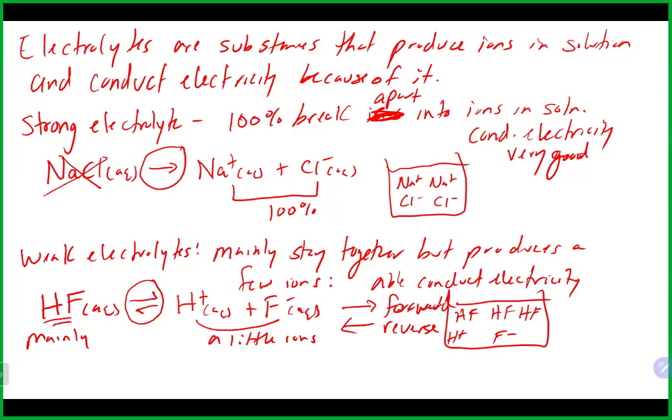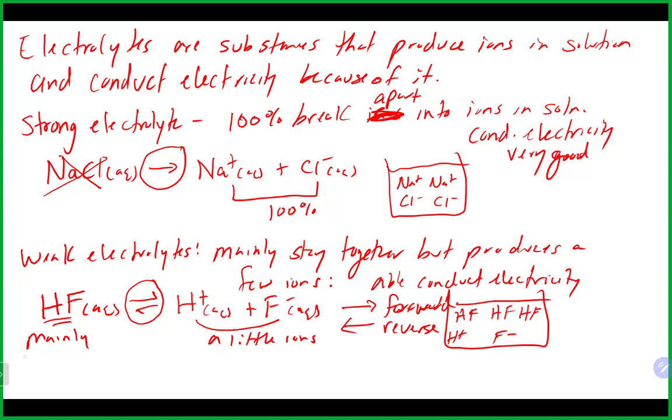The reactants can make products. At some point, those products will come back together, go in the opposite direction, and make the reactants again. The strong electrolyte is a one-way street. Nobody's coming back the other way. Everybody's just dumping out. With a weak electrolyte, it could go in both directions. It mainly does stay together, but does break apart a little bit.